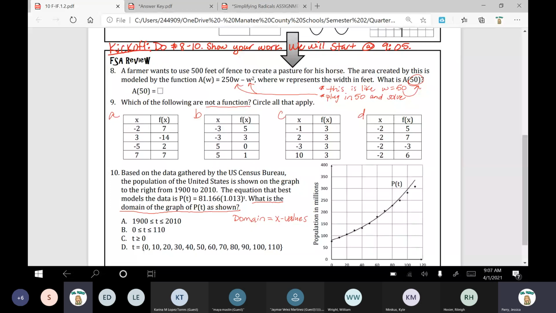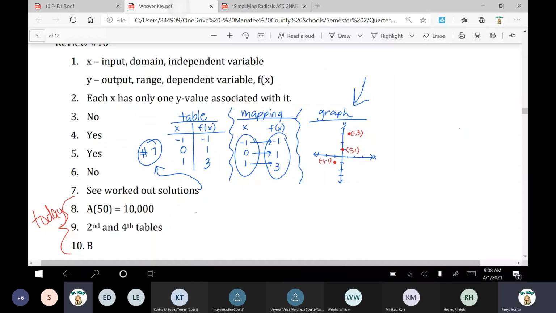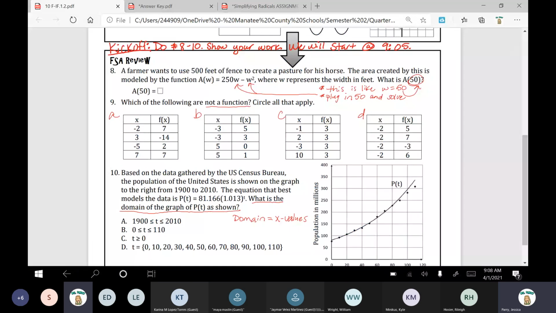This is pretty much saying W equals 50. All you have to do is take that 50, plug it into W, and then solve with PEMDAS. And then once you do that, you get A(50) = 10,000. So you just plug in that 50 anywhere you see the W, solve with PEMDAS, get your final answer, and that's it for number 8.